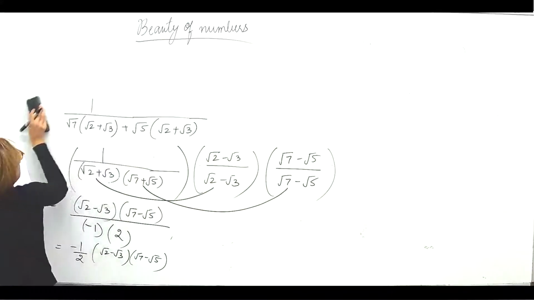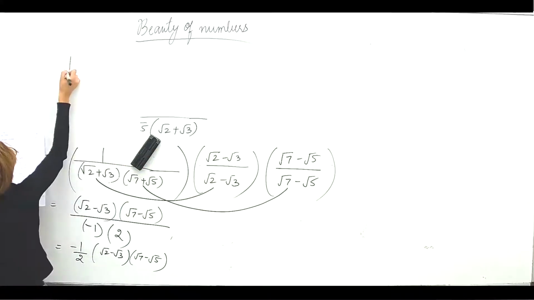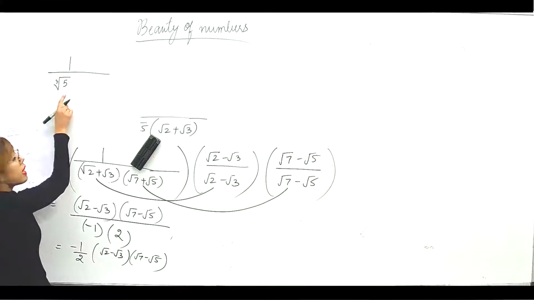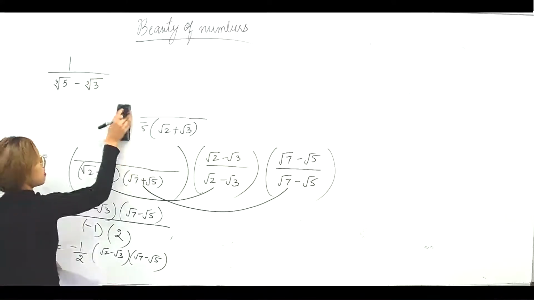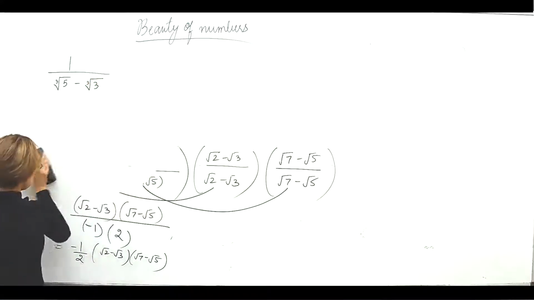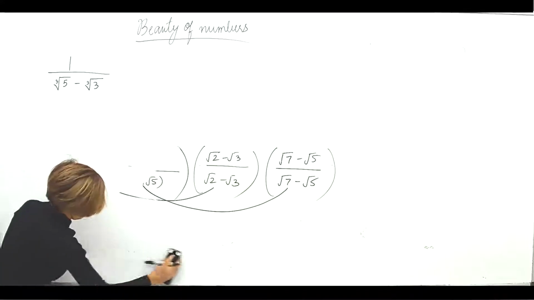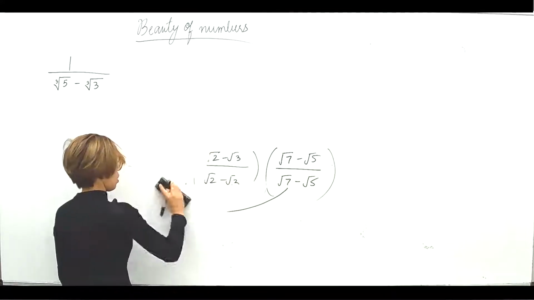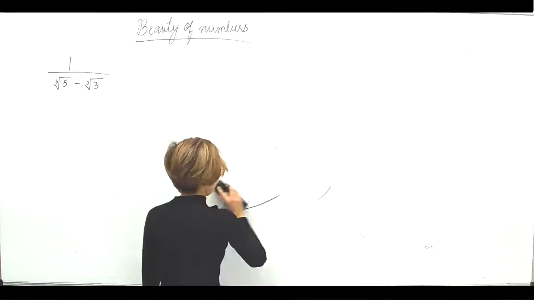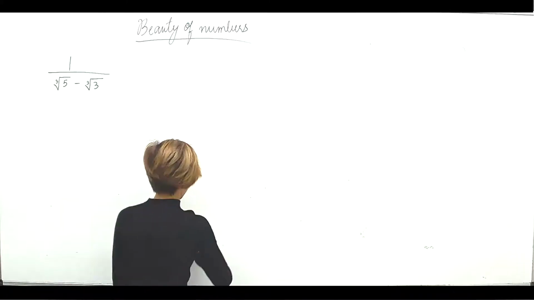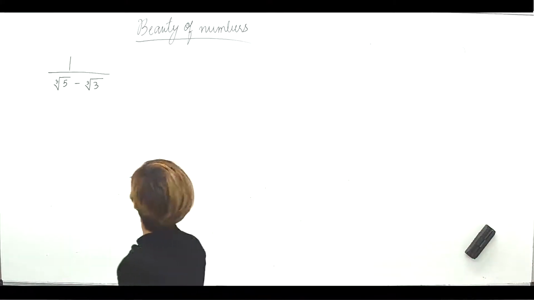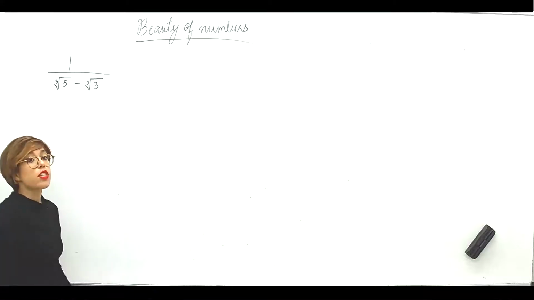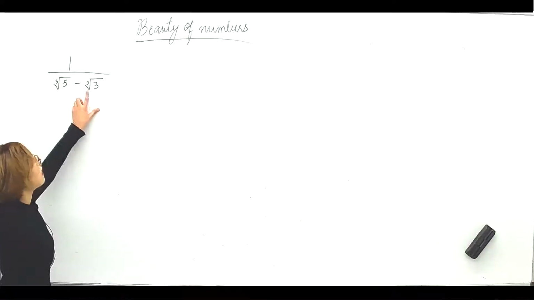Rationalize the denominator: 1 by cube root of 5, cube root, we write it like that, minus cube root of 3. Rationalization means I don't want the radical sign here.